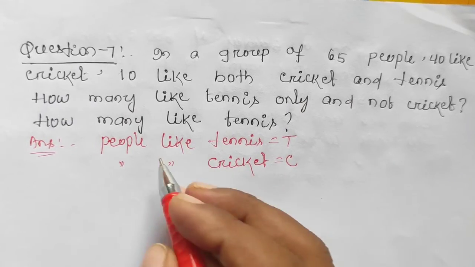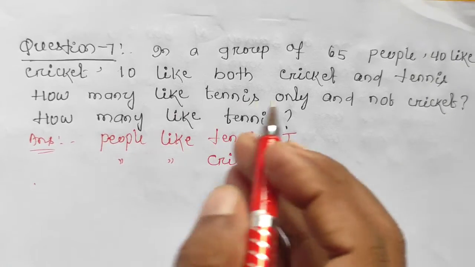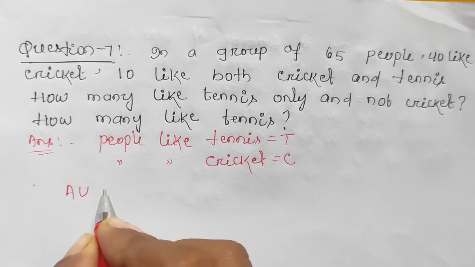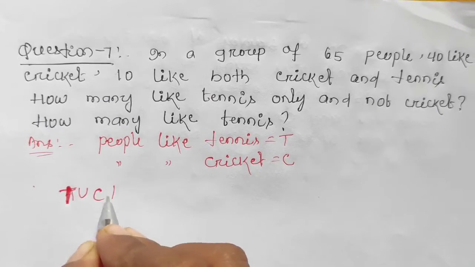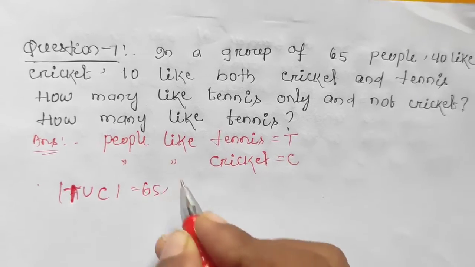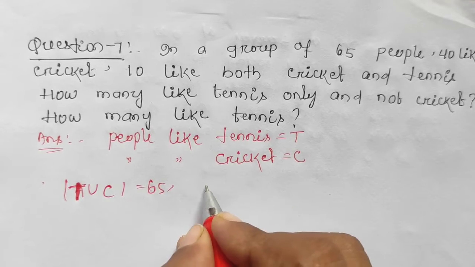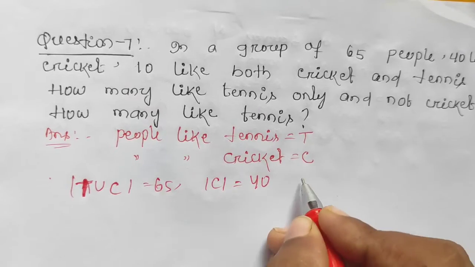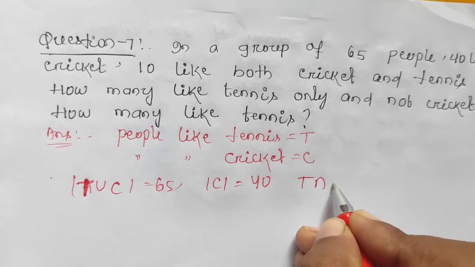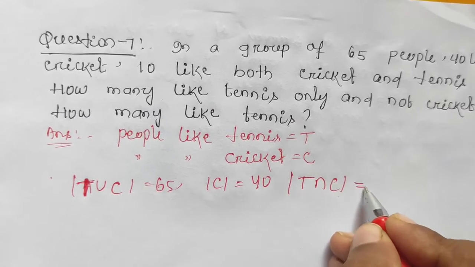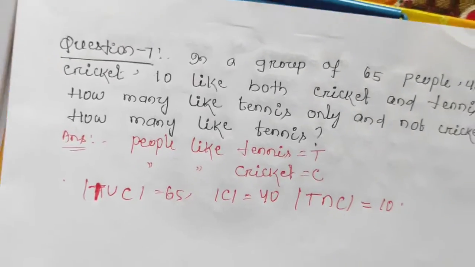People like tennis T, people like cricket C. It is given that 65 people, T union C the mod is equal to 65. 40 like cricket, C the mod is equal to 40. 10 like both cricket and tennis, the intersection is equal to 10. So how many like only tennis?